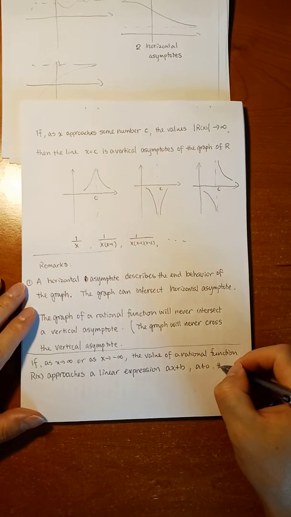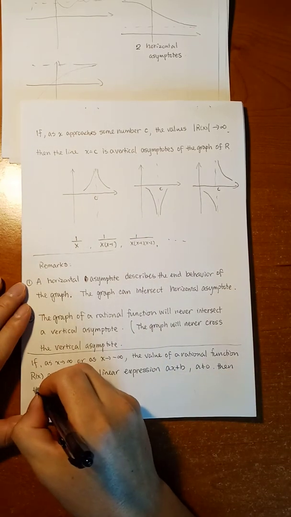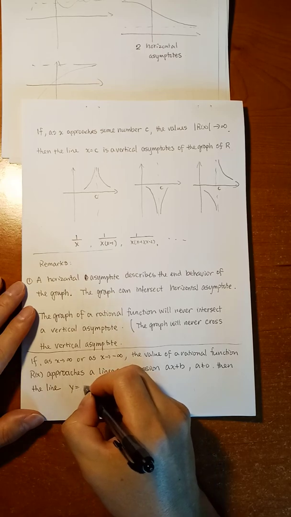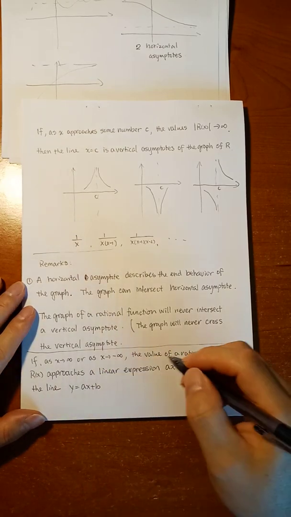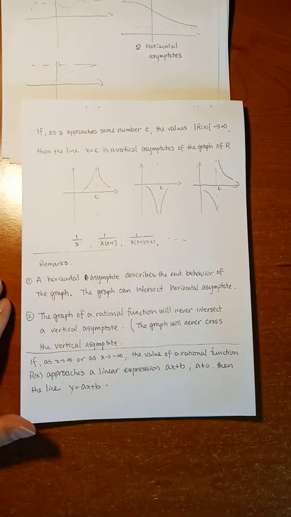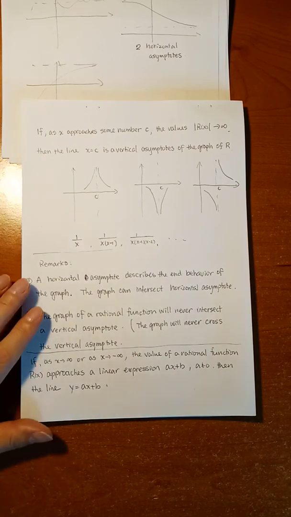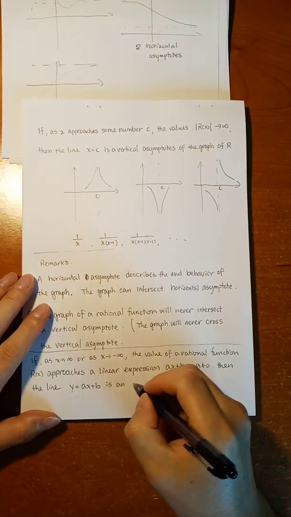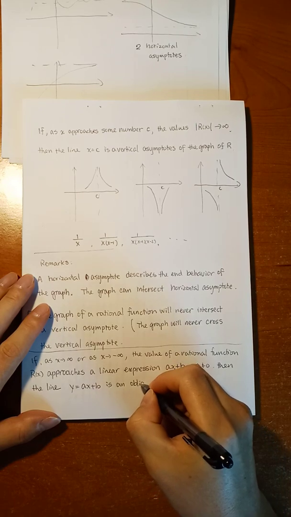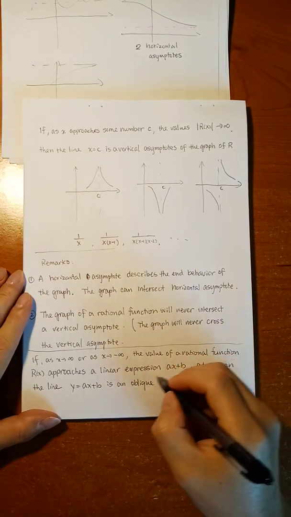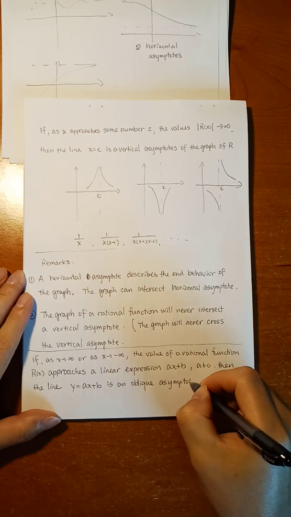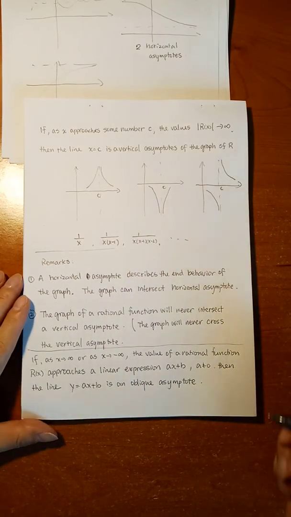Then the line y equal to ax plus b is an oblique asymptote.